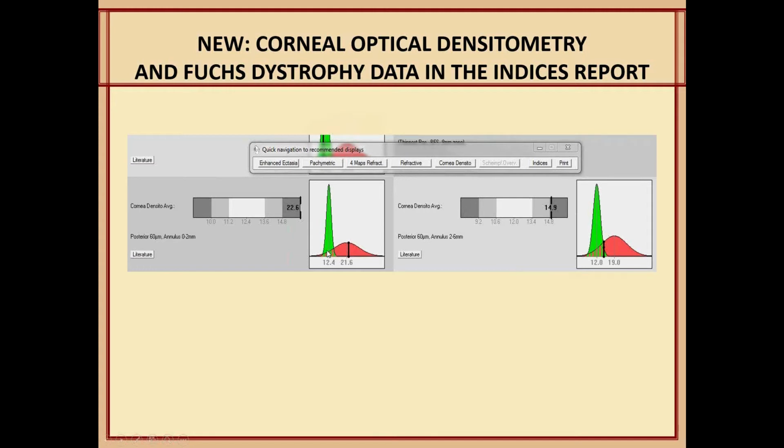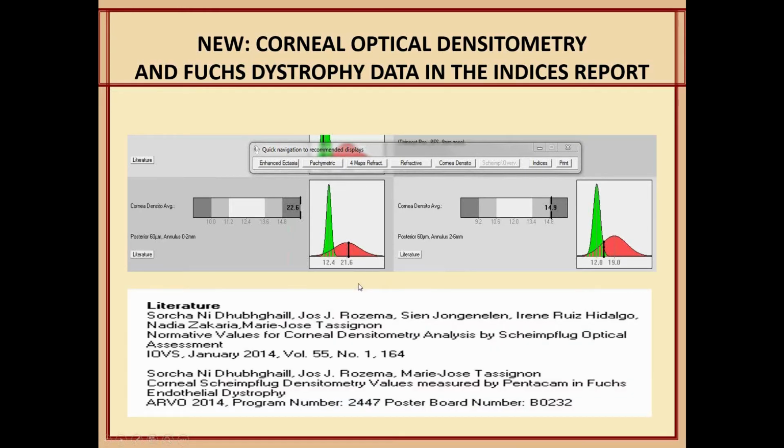And you can see that in this specific patient, the thickness of the cornea is in the abnormal side, and that's because of corneal density in the cornea. And besides the fact that it gives you the information, I think it's nice to have a documentation of these changes. And this is the literature where it was taken from.